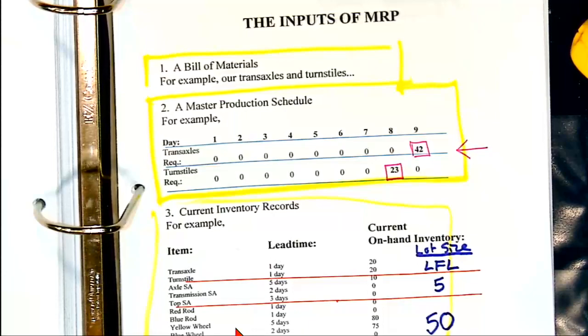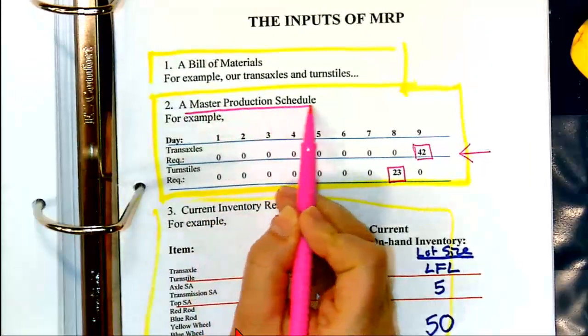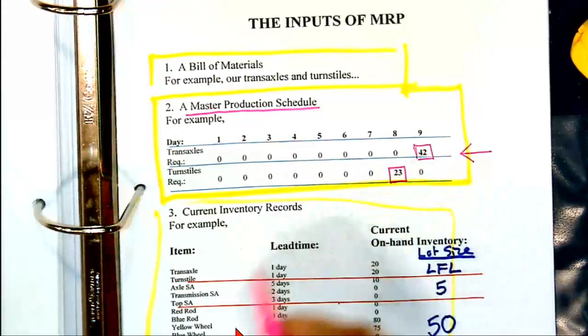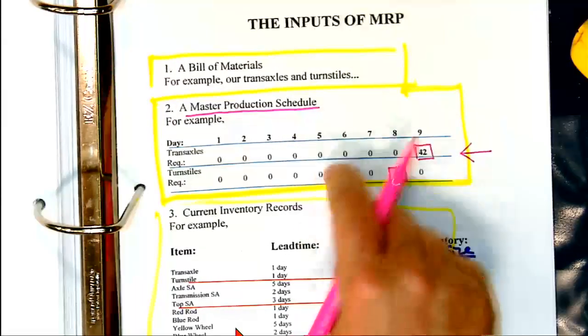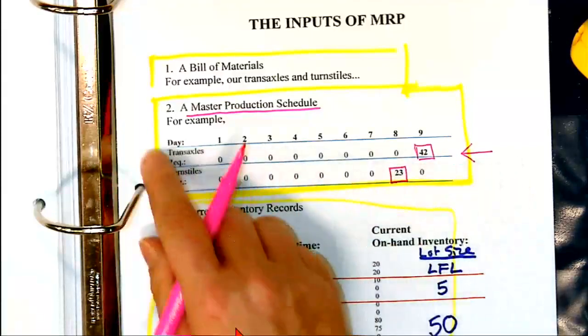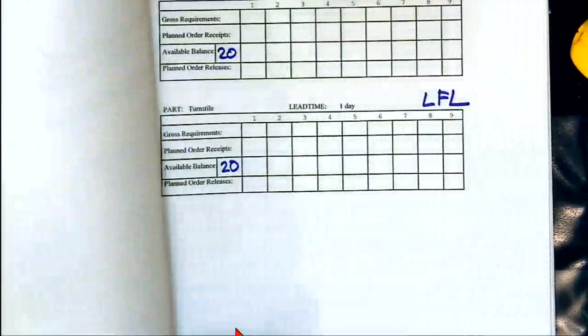We have to remember a principle. Anything that appears on the master production schedule, any item, those numbers go into the top line of that item's record. Those numbers are its gross requirements. Well, there's just this 42 for the transaxle under the 9th day. Right, that number, grab it.